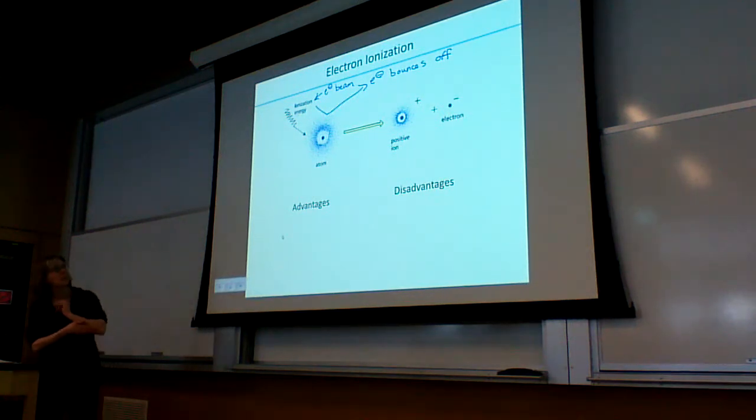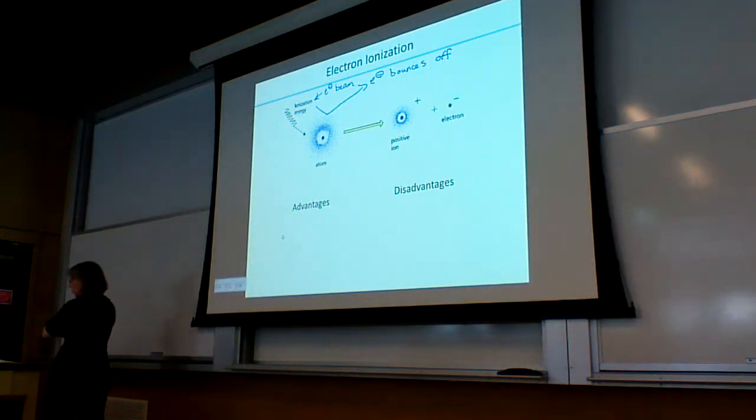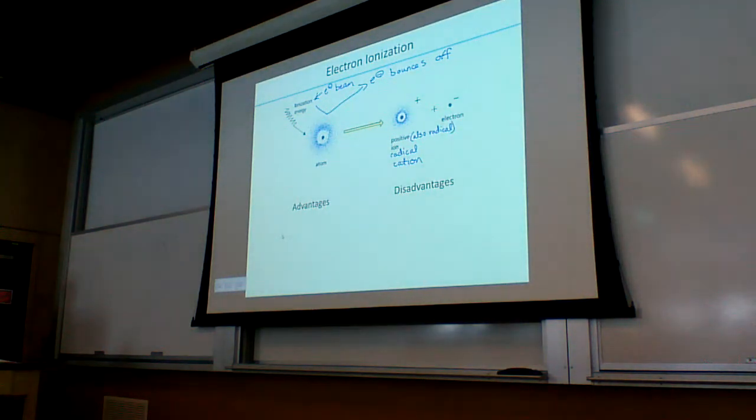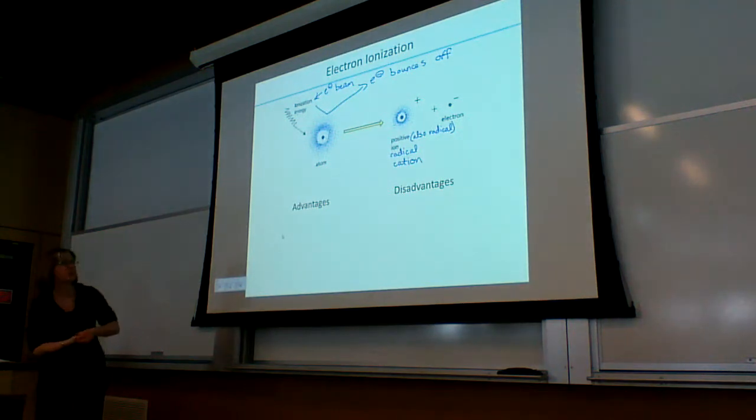And that causes us to have a positive ion, but it's also a radical. So this is what we call our radical cation. So we've lost one electron, which makes it a radical, and because it's lost that one electron, you have an overall net plus charge.